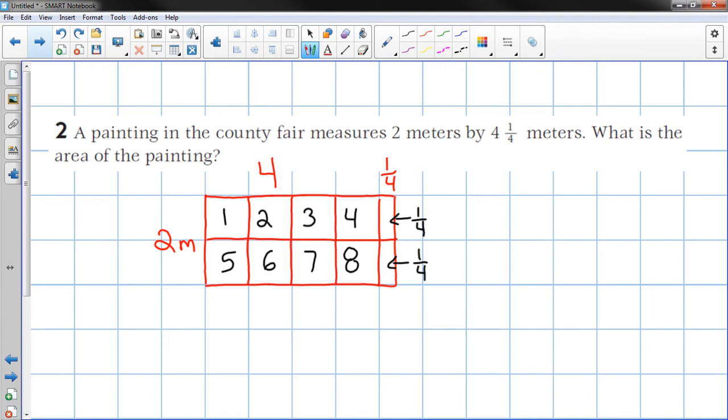So 2 of those together is a half. So my answer is 8.5 meters squared.